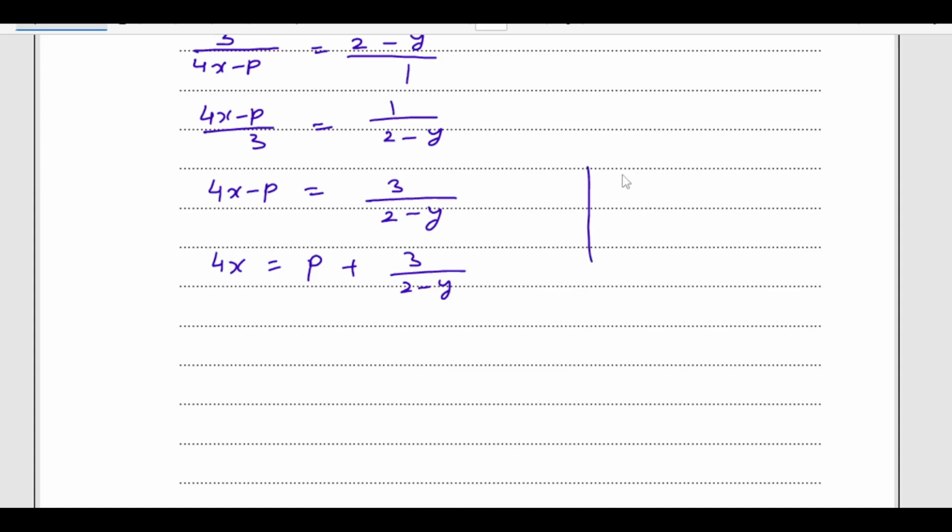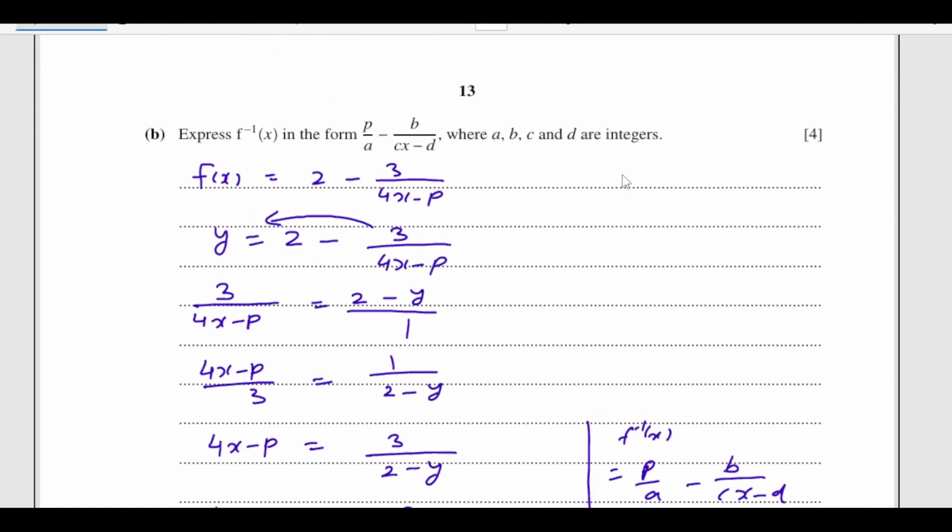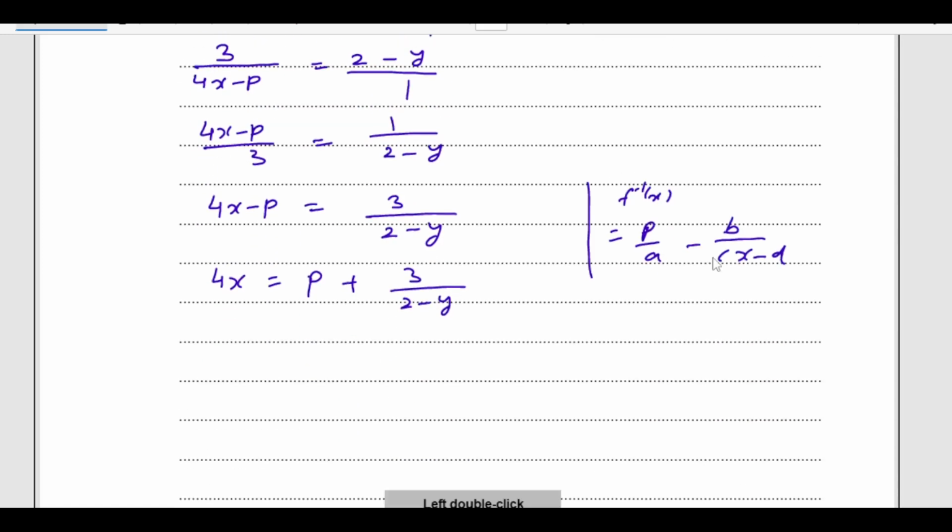But what do we need? We say that f inverse x can be written in the form p over a minus b over cx minus d. That's the required form here. So now if we compare this, we have this p, here we need to have x, so divide by 4.